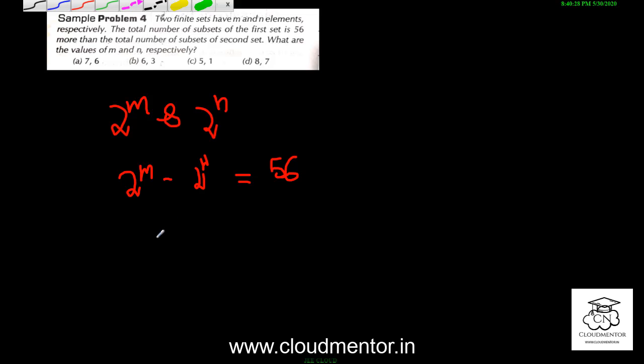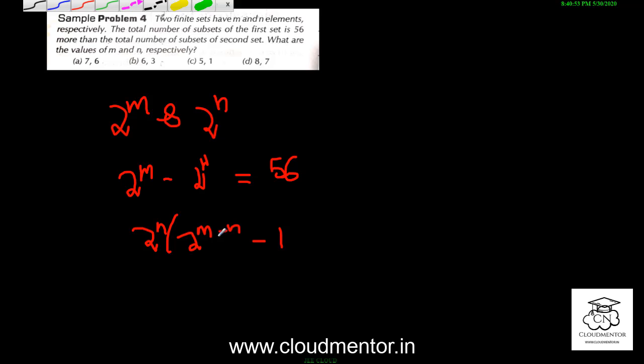Here we can take 2 raised to n common, then 2 raised to n into (2 raised to m minus n minus 1). This is got by dividing 2 raised to m by 2 raised to n.